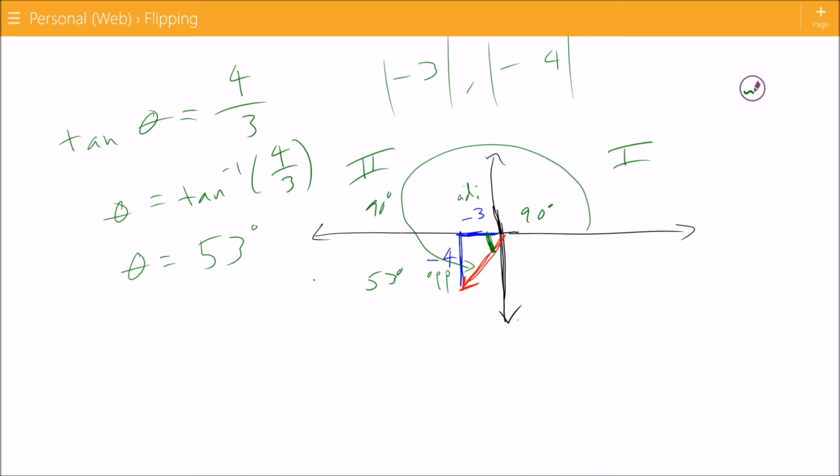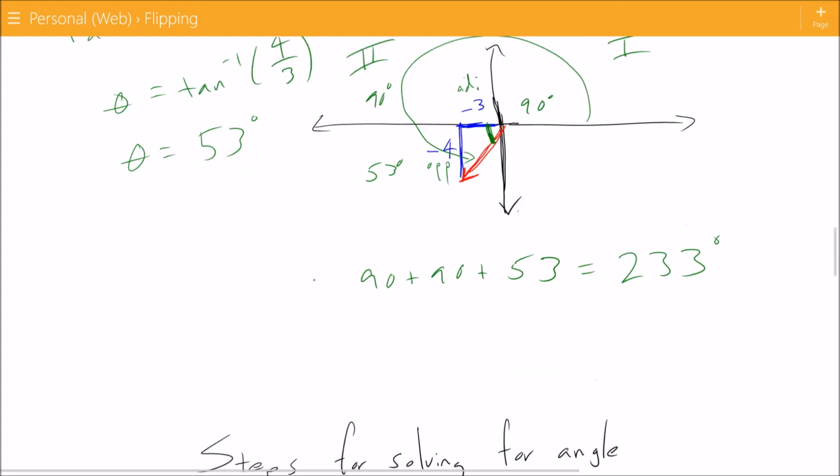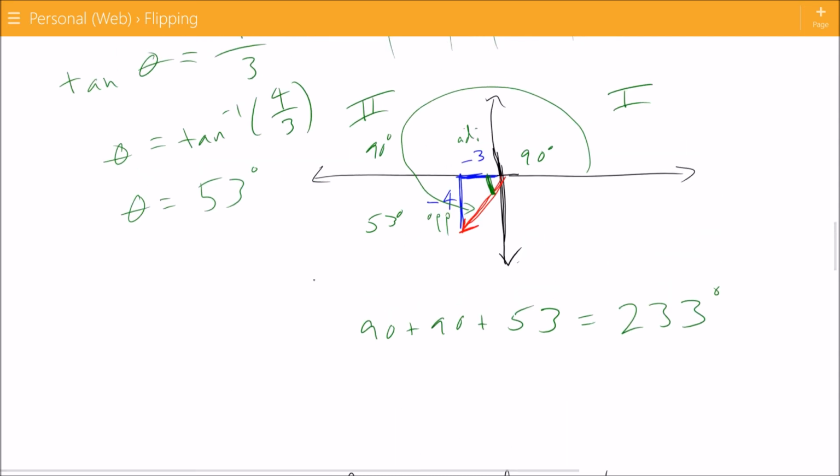So my final measure for vector v is going to be 90 plus 90 plus 53, which gives you 233 degrees. This will work in this case.